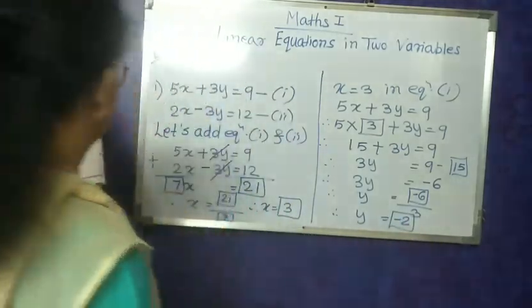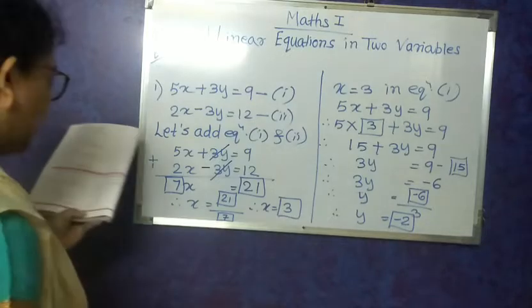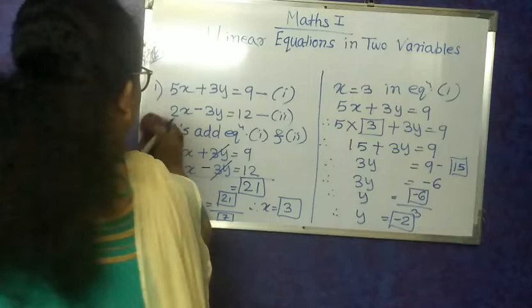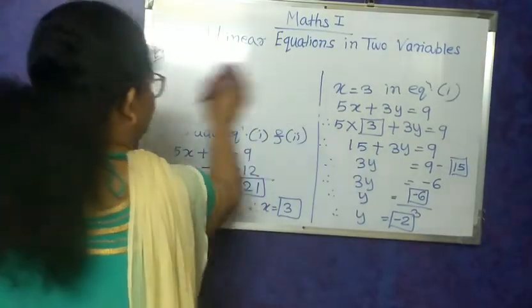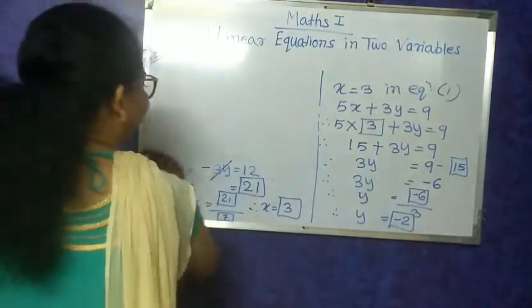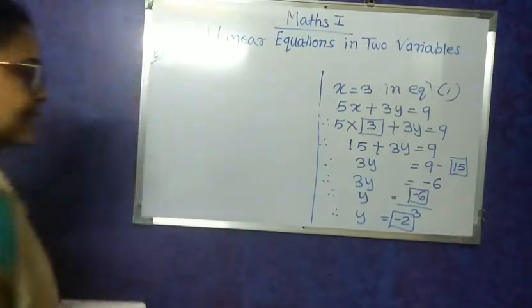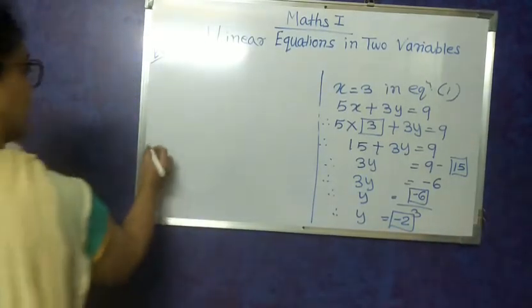Okay. And finally the answer. Therefore the solution is, whenever you are writing the answer or the solution of any simultaneous equation, it should be x comma y. So first we have to write the value of x and then the value of y.